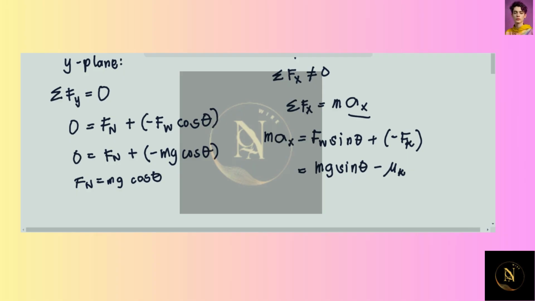We already have the value of normal force, which is mg cosine theta. Simplifying, we have a sub x is equal to g sine theta minus coefficient multiplied by g and cosine theta.